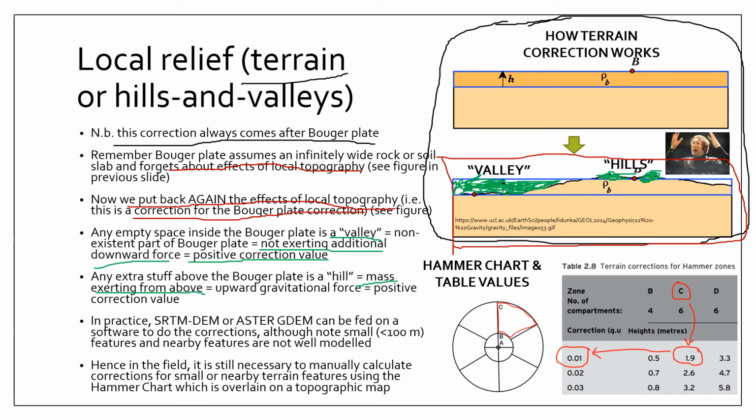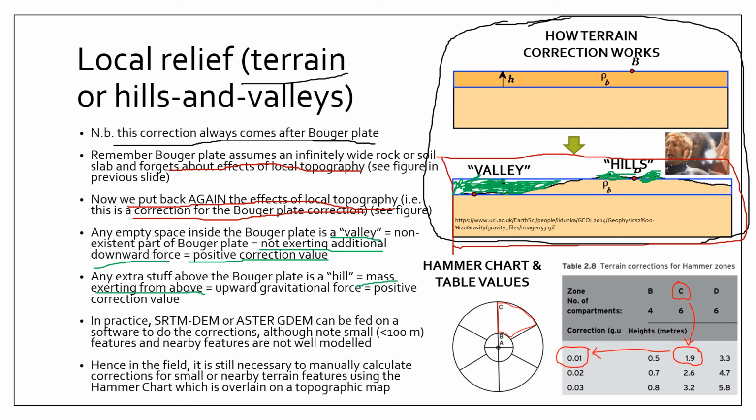So it's technically trying to fight against the gravity by pulling you up. So technically, when there are hills or mountains near your station, the net gravitational force that you're experiencing is slightly smaller. All right.